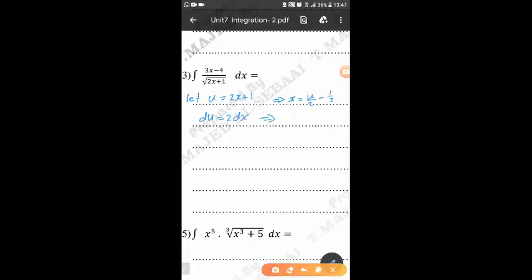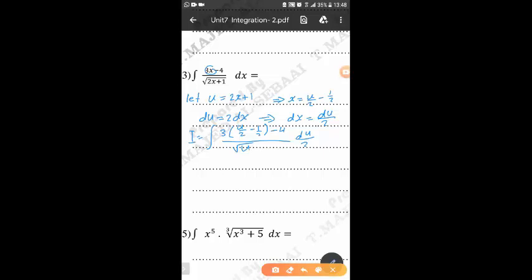That means dx equals du over 2. Therefore, I equals the integration of 3, substituting x: u over 2 minus 1 over 2, minus 4, all over root u, du over 2.